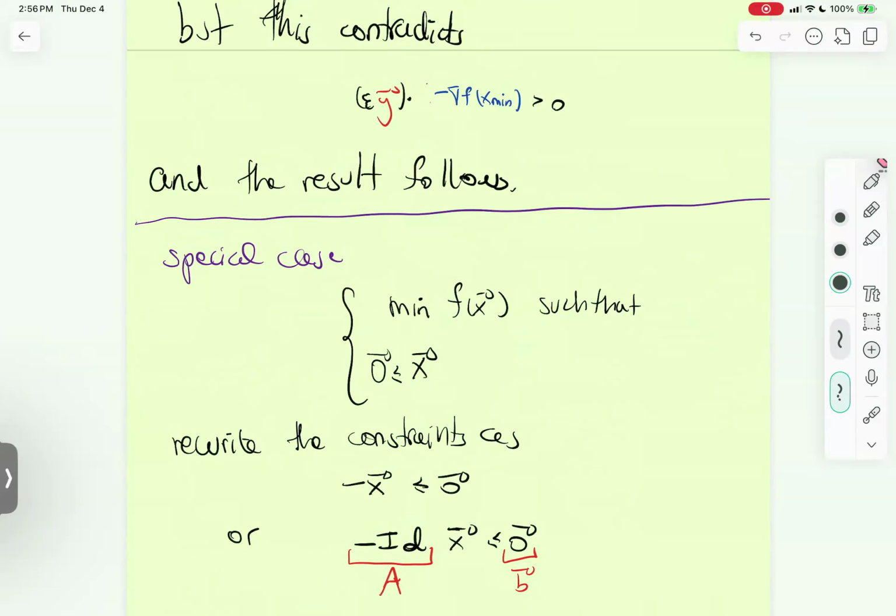So this is our matrix A, and this is our matrix b. It looks like overkill because everything is so simple, but I'm doing it so that it looks in the format A transpose x. The identity matrix is symmetric, so who cares whether you transpose or not, but I can still call it A transpose to be consistent.